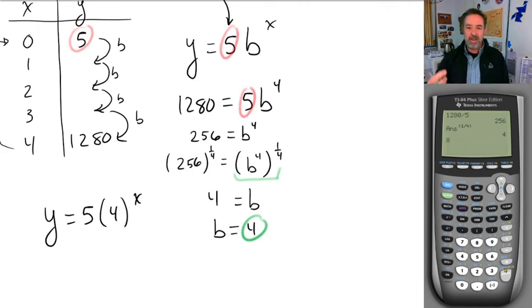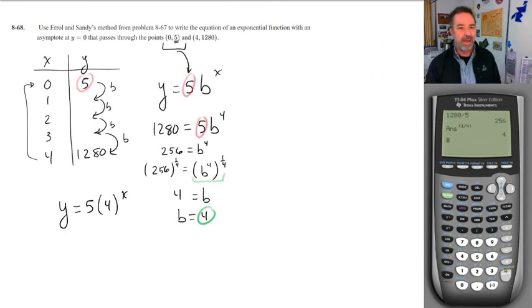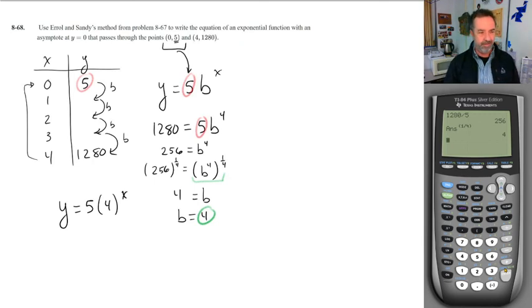Now, if I go back to one of the original questions at the beginning of the lesson, how do I know that this is correct? Well, I know this is correct because if I enter 5 times 4 to the 0 power, I can see it gives me 5.